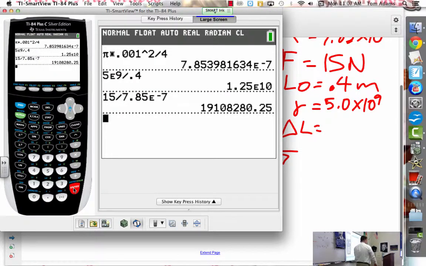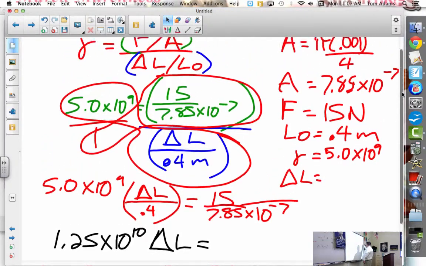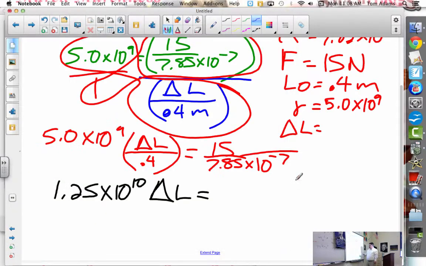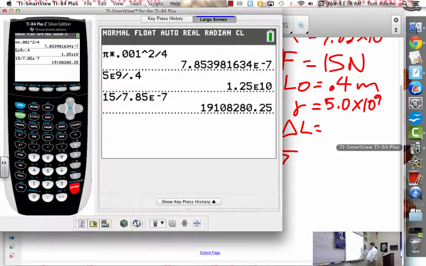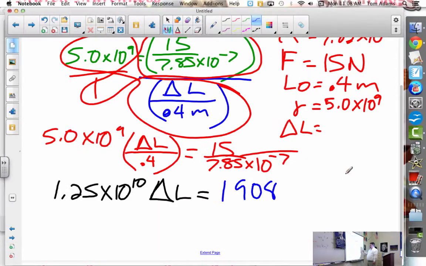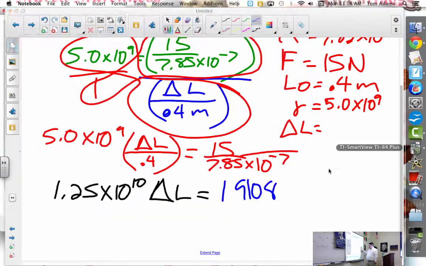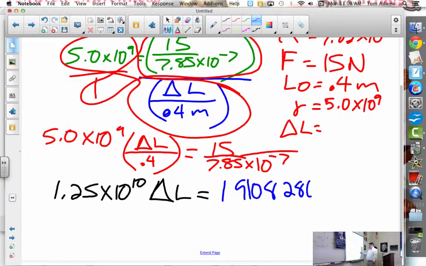All right, so that's a really big number, isn't it? Let me make sure that was the right number. Yep, all right. So that number is about 1.91 times 10 to the 7, approximately 19,108,280.25.